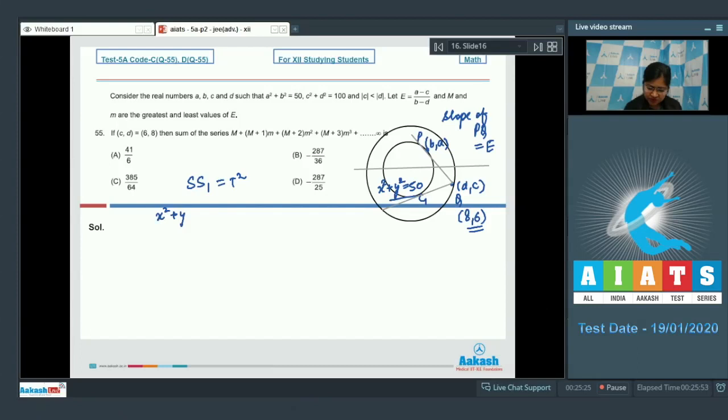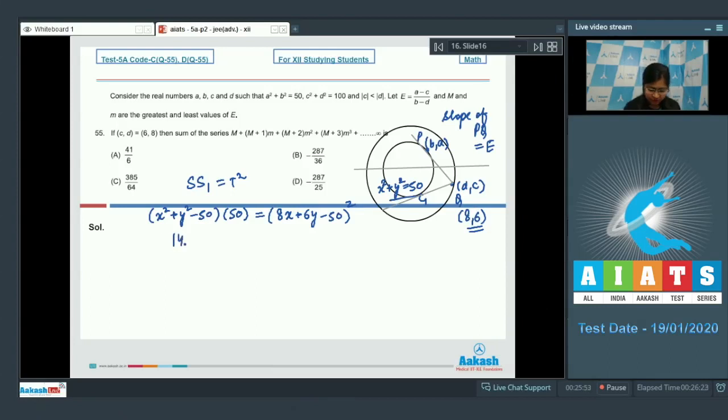So x square plus y square minus 50 into 100 minus 50 is equal to T square, that is 8x plus 6y minus 50 whole square. So to find the angle between the two tangents, we just need coefficient of x square, y square and xy. So let's write it down.